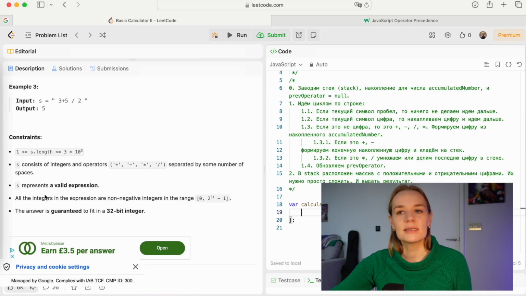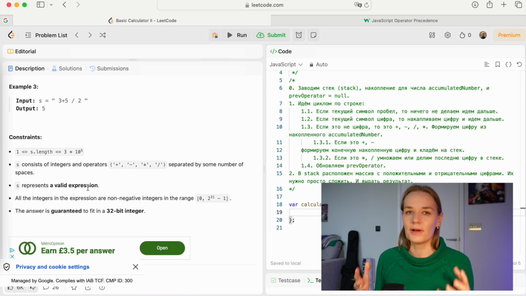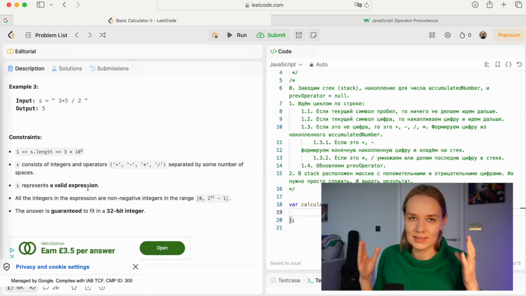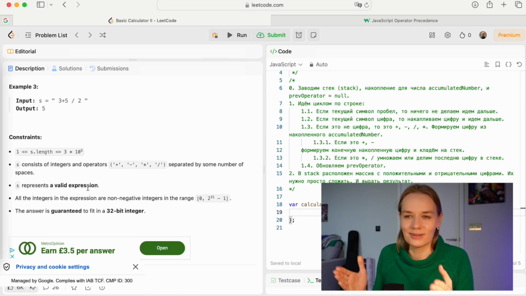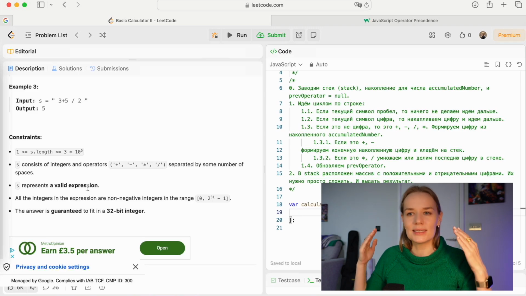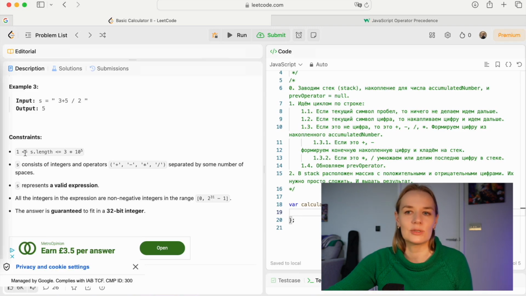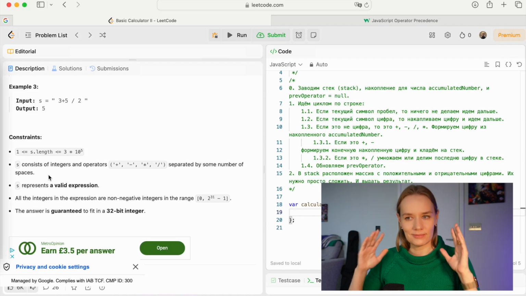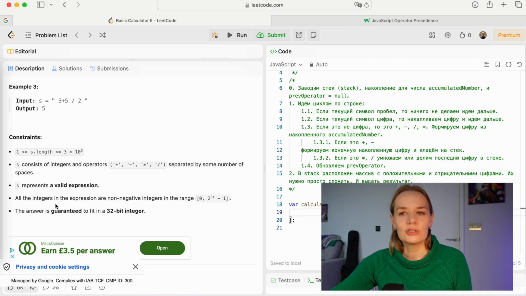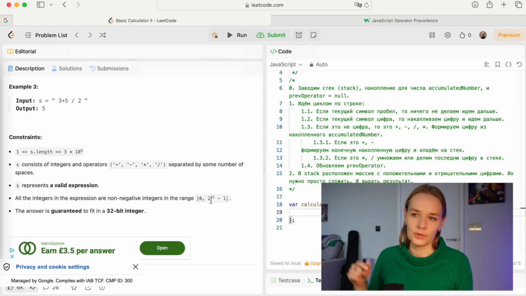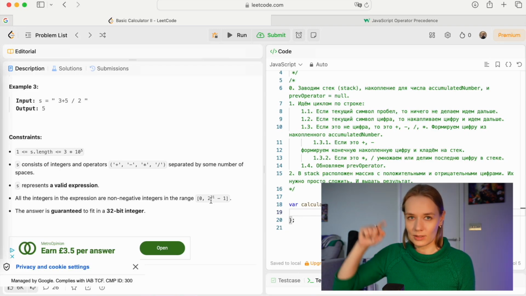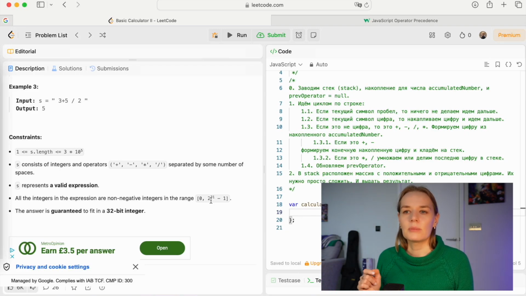Go next. s represents a valid expression. It means that in our function we don't need to check the string. We know that it is valid and has at least one symbol. All the integers in the expression are non-negative, in the range from 0 to 2 to the power of 31 minus 1.